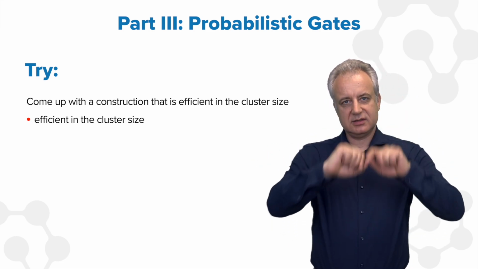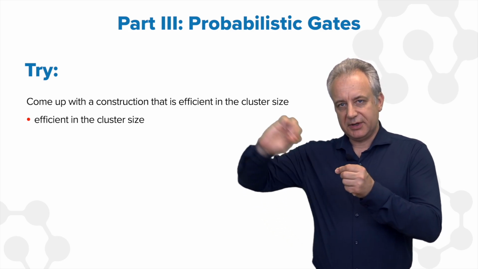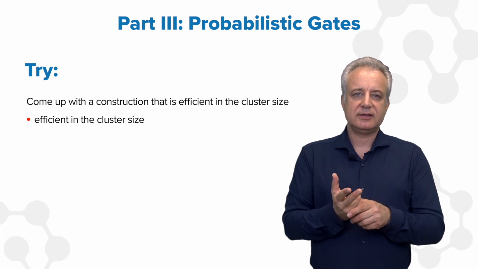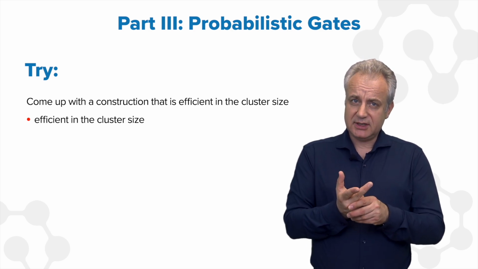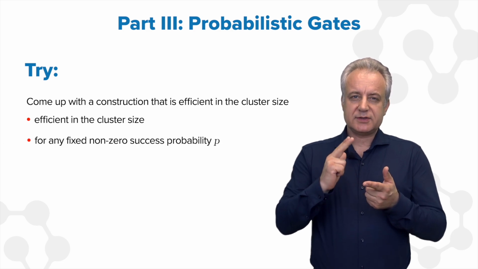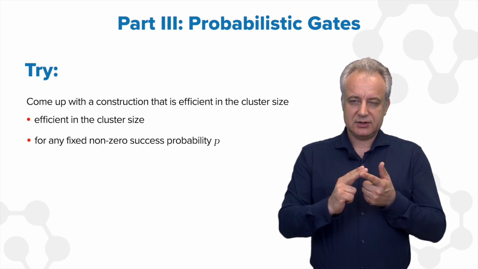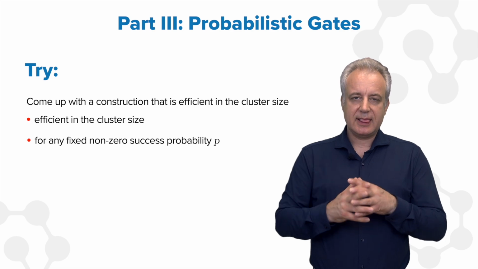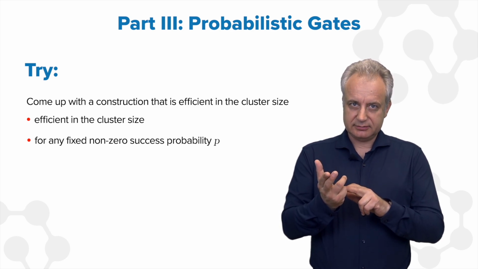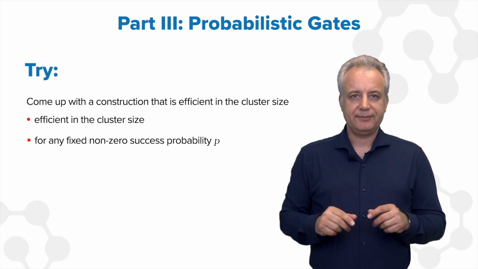You will just have a constant in front, but otherwise this linear scaling. So that's one property that you might want to have. Second property you might want to have is a scheme that works for any non-zero success probability, not just probability larger than 2/3, but for anything larger than 0. So this is for you to try. Good luck.